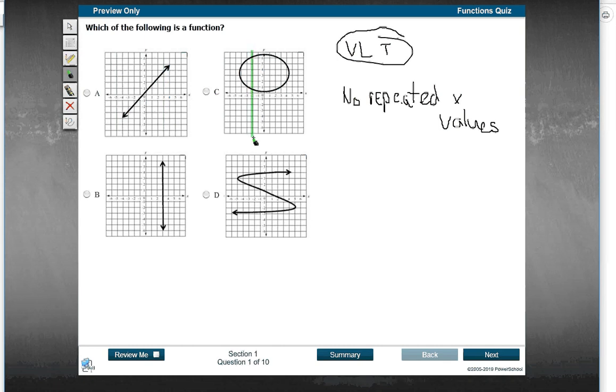As you can see, it hits twice on this circle. It hits all the times on this line, and it hits multiple times on this graph, which makes our answer A.